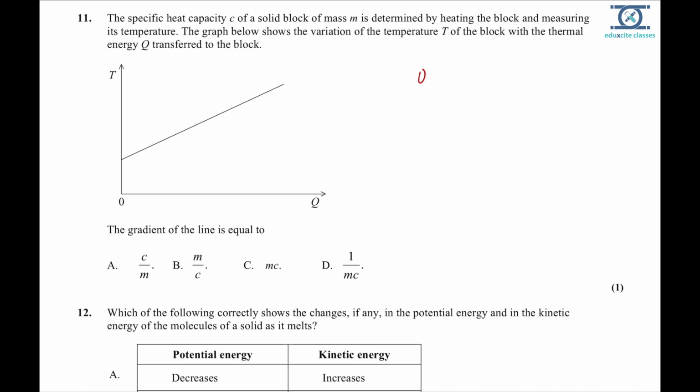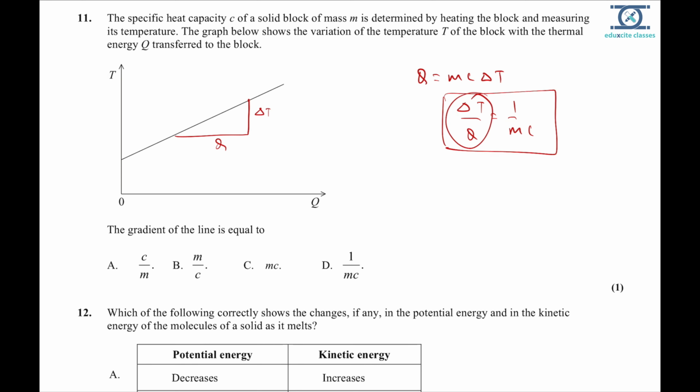So the specific heat formula is Q equals mc delta T. So the gradient is what? Delta T over Q. So delta T over Q equals 1 upon mc, rearranging this equation. So this is nothing but the gradient. So gradient is equal to 1 by mass times c, that is option D.